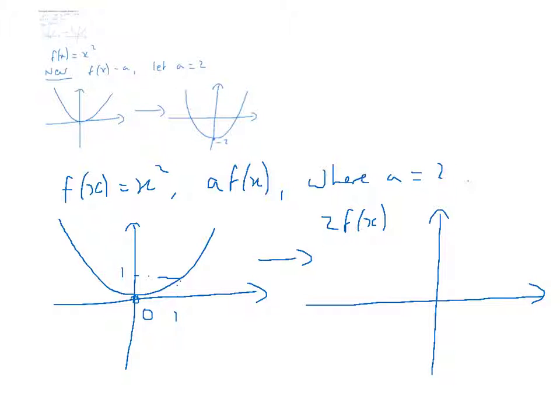So my graph is essentially stretched upwards. And we can see that's the case. So if we look again at our x equals 1, instead of y equals 1 corresponding, it's going to be y equals 2. So the graph has been elongated upwards. So if I was to draw it on my original graph, my new graph would stretch up like this. Okay?